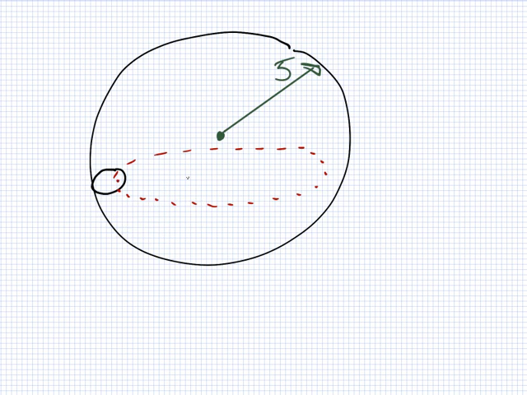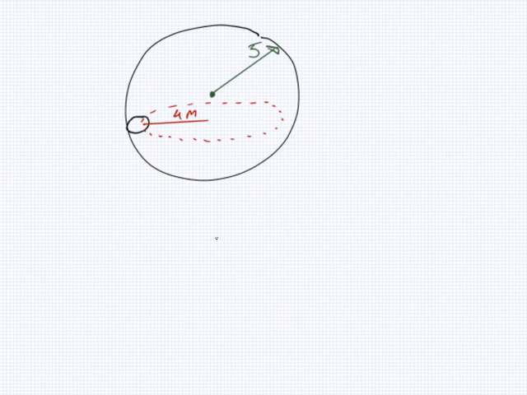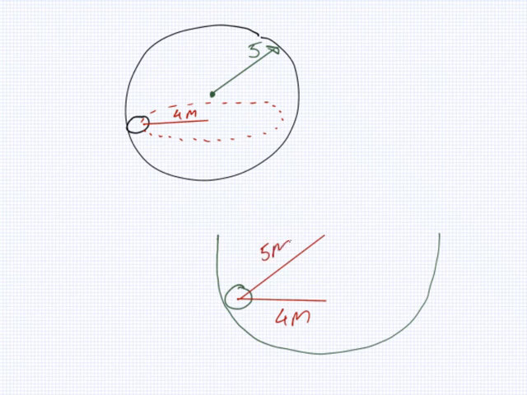And this circle here is 4 meters. So it's rolling inside of a big sphere, this ball. If I look at the picture directly from the side, here it is, the distance from here to here is 4, and the distance from here to here is 5. Why 5? Because that's the radius of the big sphere.